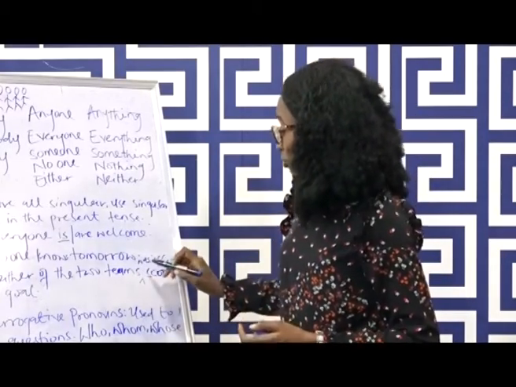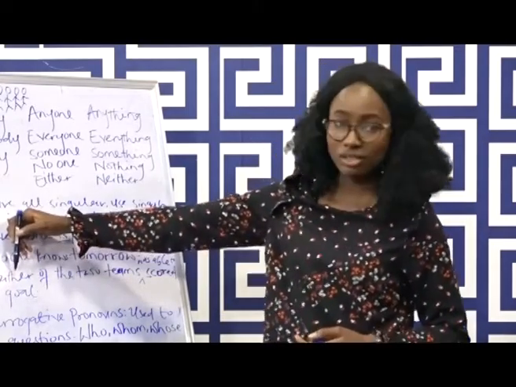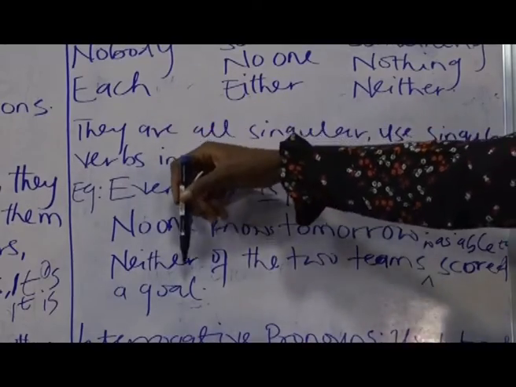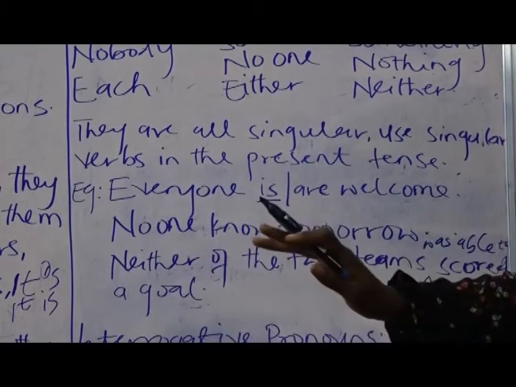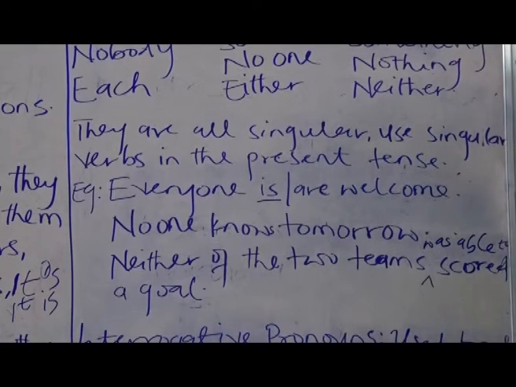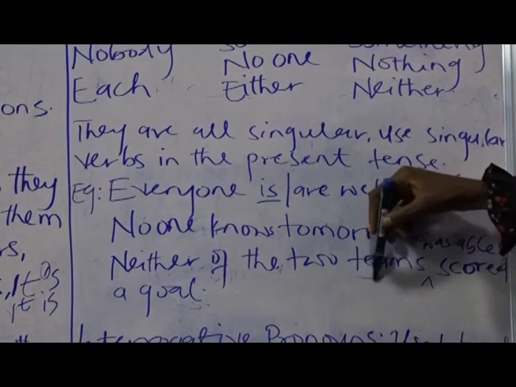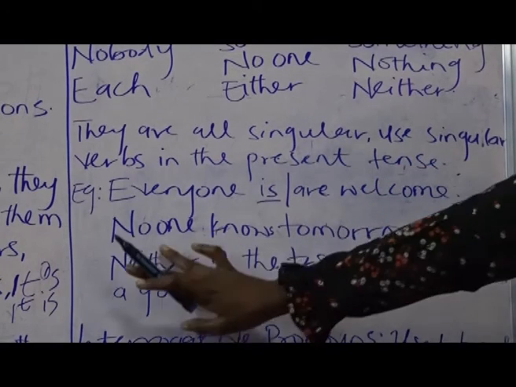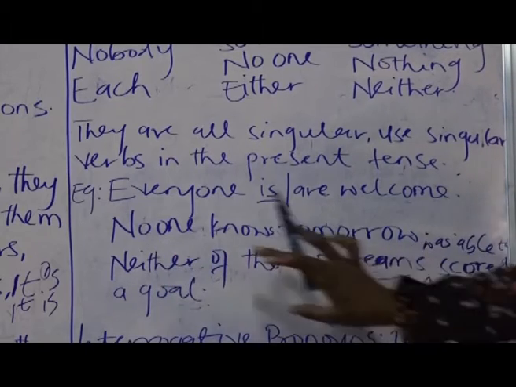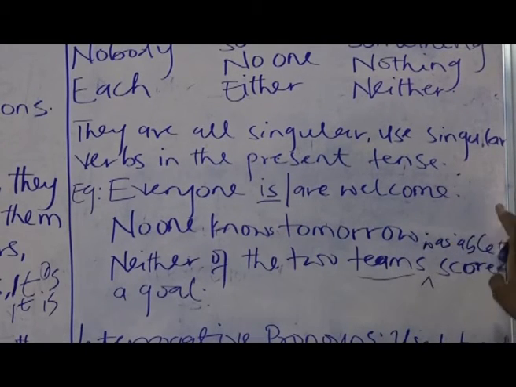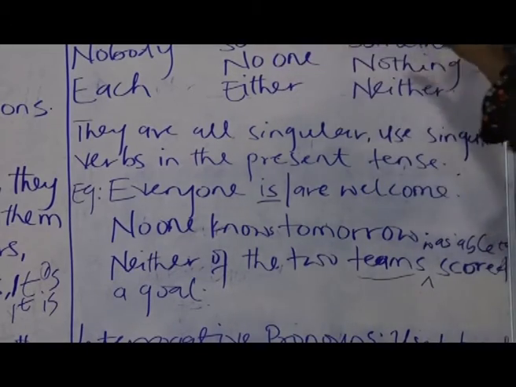But your concern here should be the subject of this sentence, which is neither. So none of them was able to score a goal. So you're going to ignore this noun here and focus on this subject so that you would be able to tell if it is plural or singular. Each one of these indefinite pronouns is a singular pronoun.